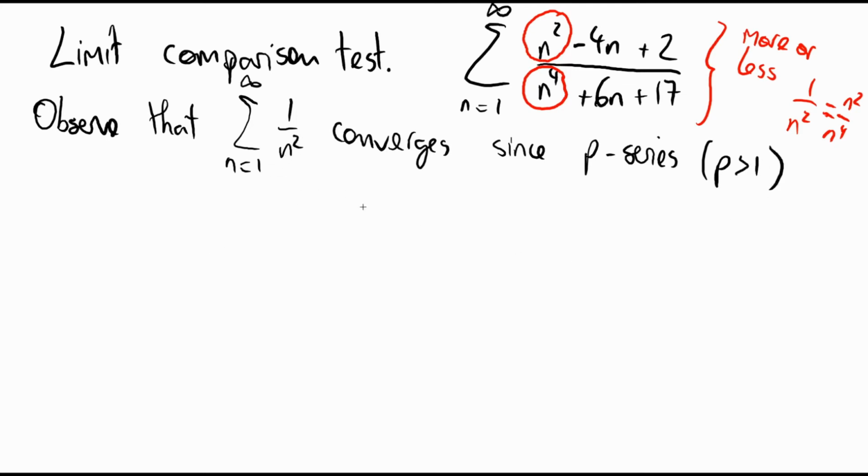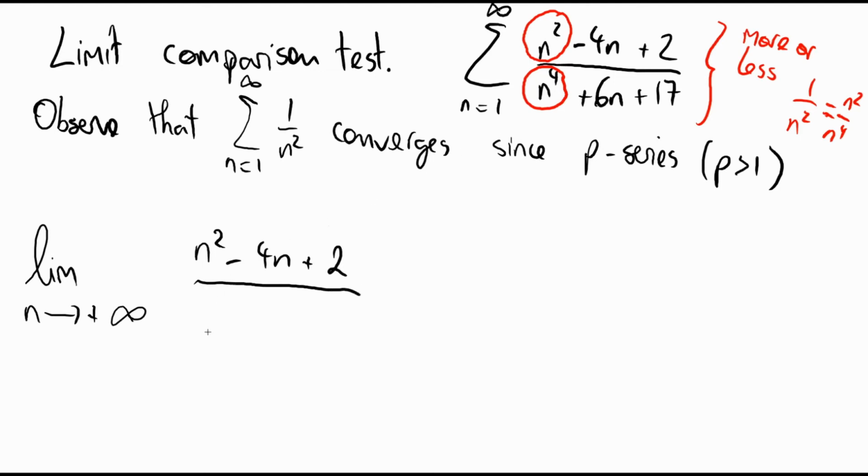The p is 2 there, so that converges. Now, we take the limit as n goes to infinity of our expression, which is n squared minus 4n plus 2 divided by n to the fourth plus 6n plus 17, and we're going to divide that by 1 over n squared, which is the same as multiplying it by n squared.